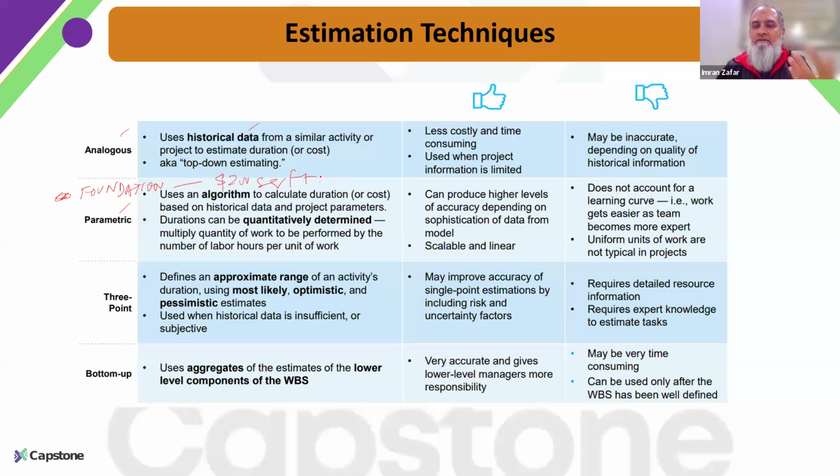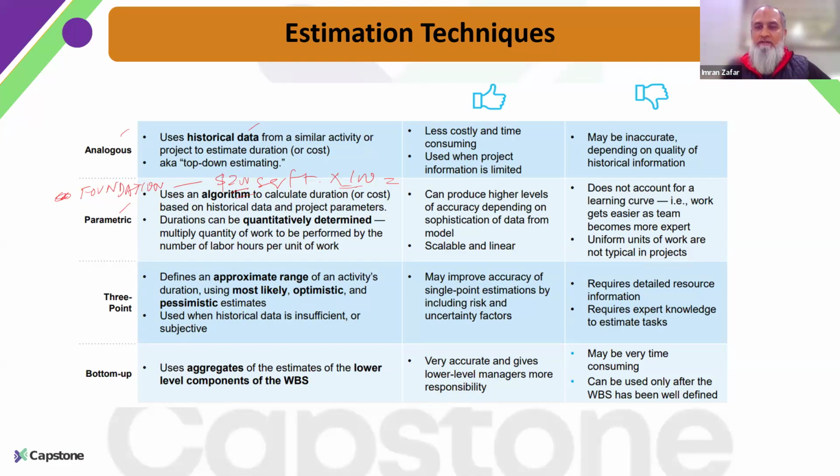So this is the data that I have. Based on this parametric data, I see that per square feet, this is the rate that I can assume. So if I have 100 square feet area, let's multiply this by this, and then I can build my estimate.